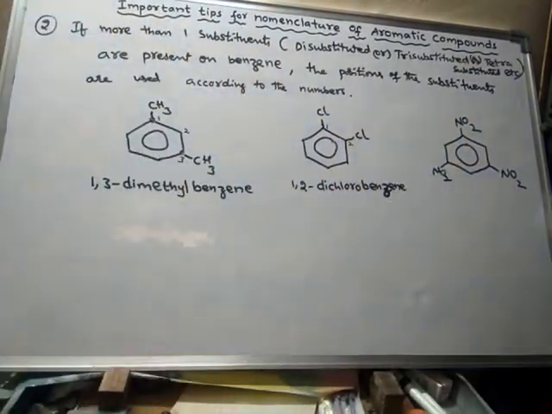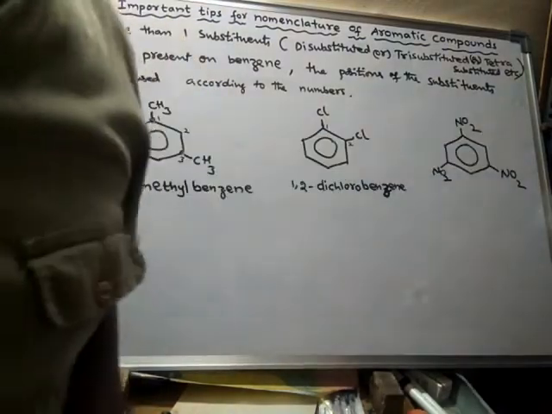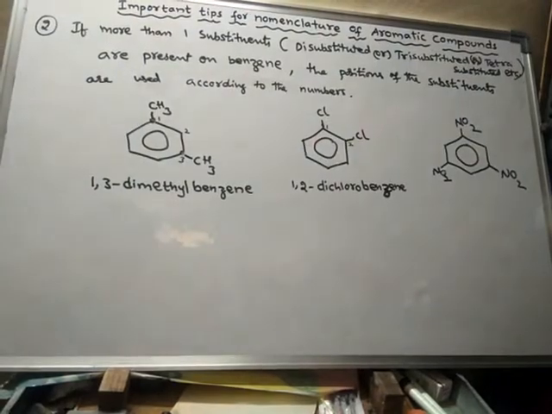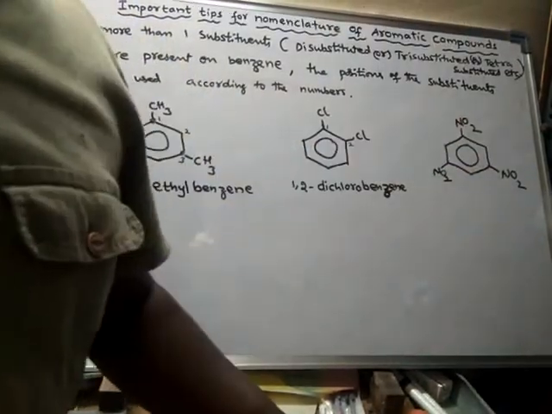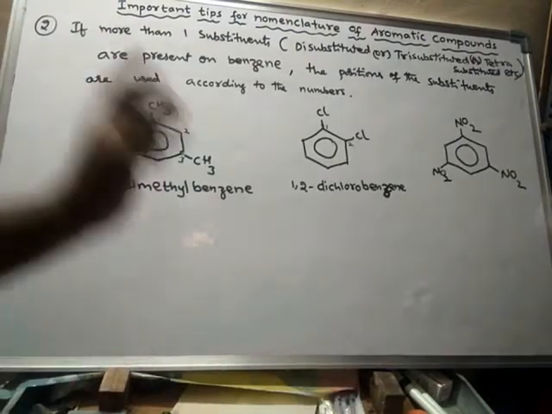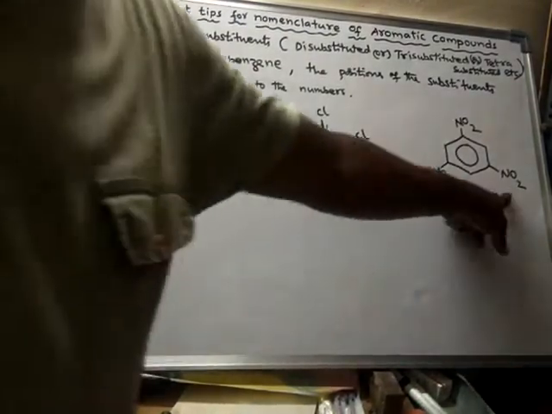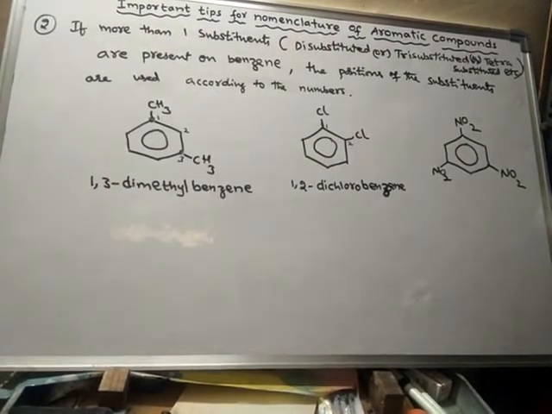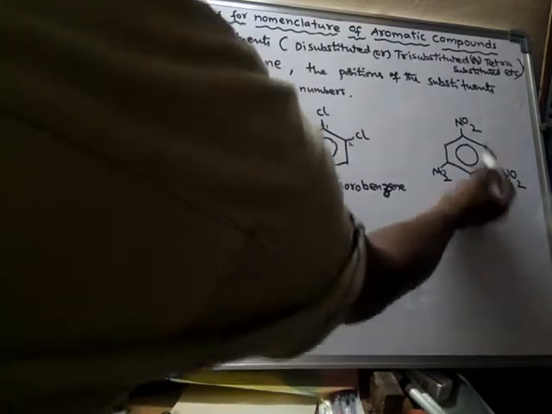The nitro group is given least priority, so generally it cannot be used as a primary functional group. It is always used as a secondary functional group only, and it always comes as a substituent only. Remember, wherever the nitro group is present, it should always be written as a substituent. It should not be treated as the main functional group. So now in this case, NO2, as it is a substituent, is present on 3 positions.